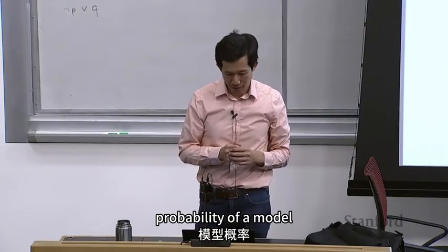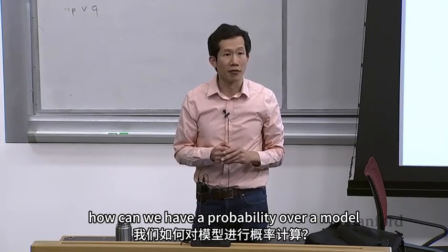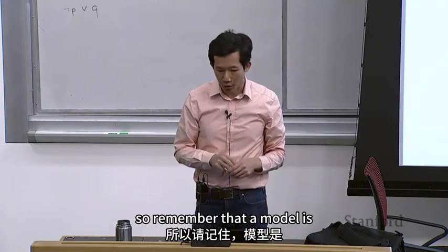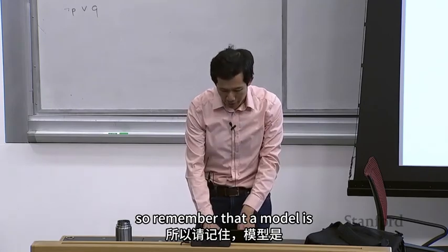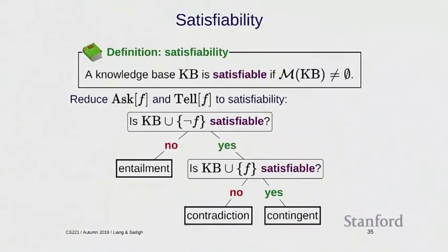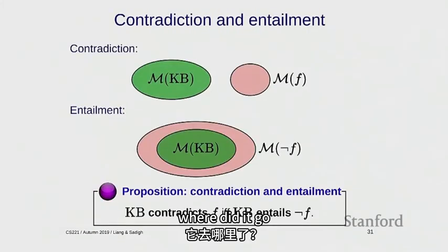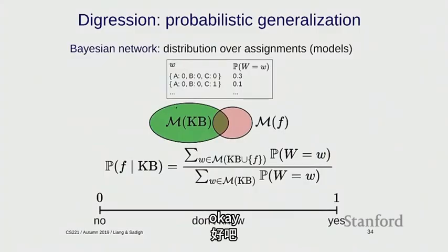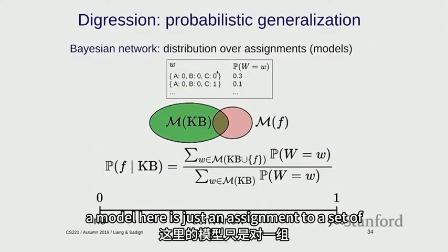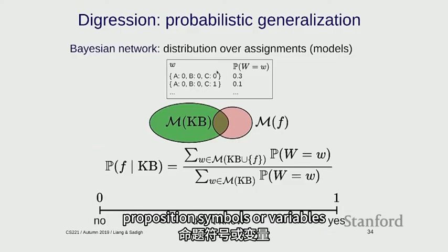Probability of a model, as in way back before... How can we have a probability over a model? So remember a model here is just an assignment to a set of proposition symbols or variables, right?